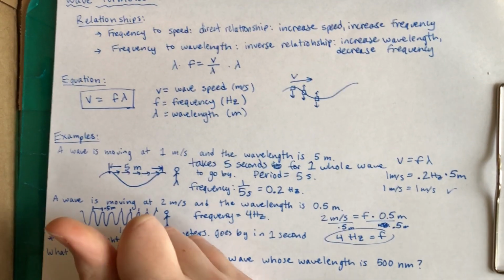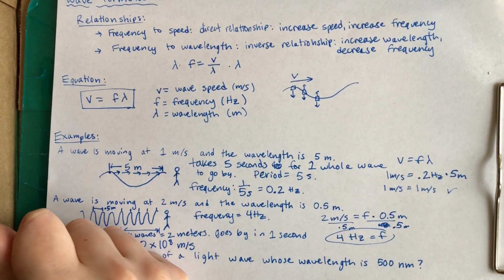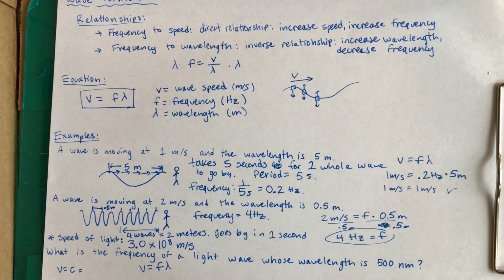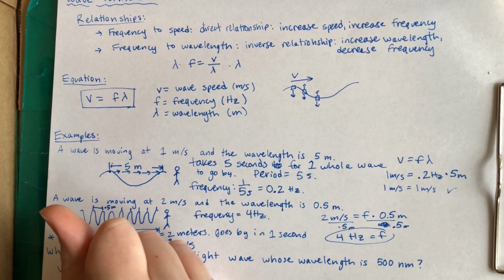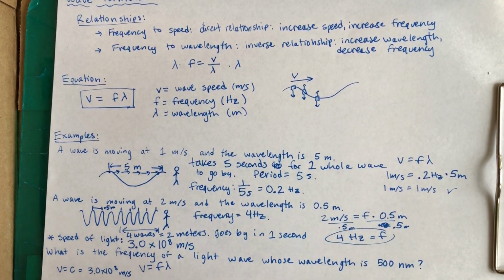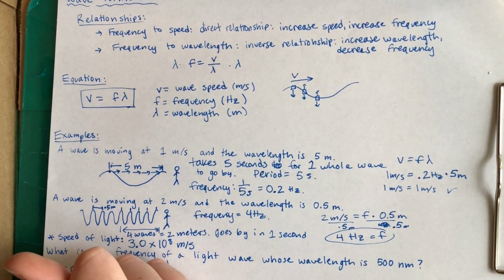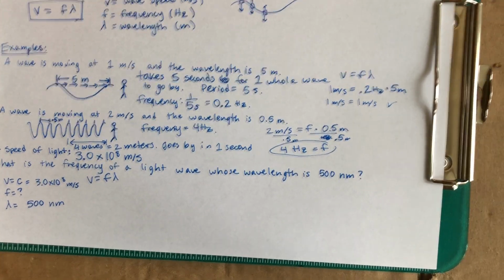So we're going to use v equals f lambda. v is also the special letter c, which is what's used for the speed of light, and it's 3.0 times 10 to the 8th meters per second. f, we don't know. And lambda is 500 nanometers.